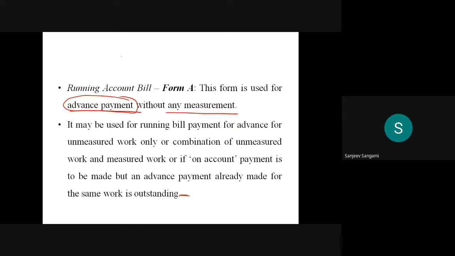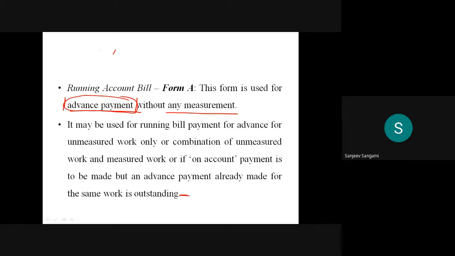Normally, even when they are giving the advance payment, like secure deposits or the EMD, whatever it will be, it should not exceed that amount. So they will consider that.